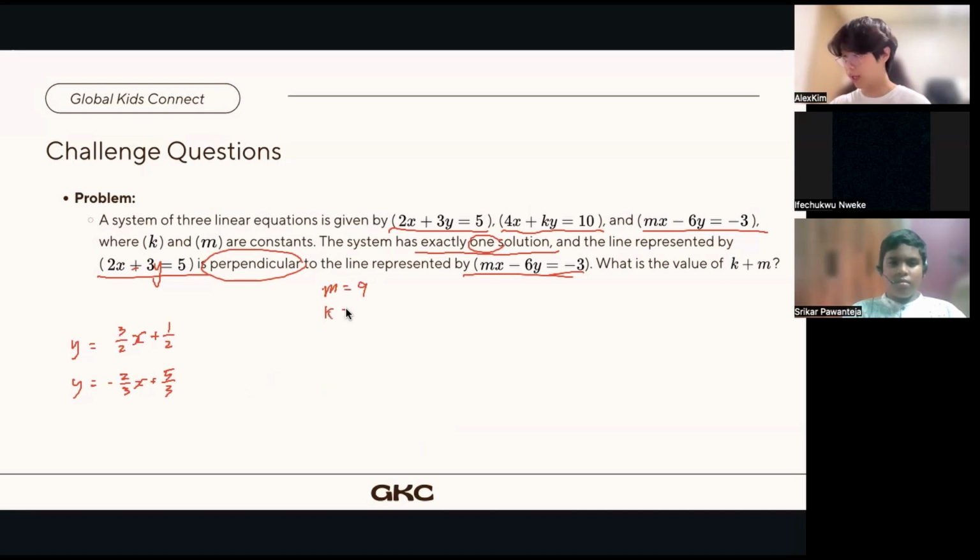And now we have to find k. We now know two equations, and we also have the third equation, which included the variable k. If we re-express that very quickly, skipping the steps, it will be negative 4 over k x plus 10 over k. So we have now three expressions.